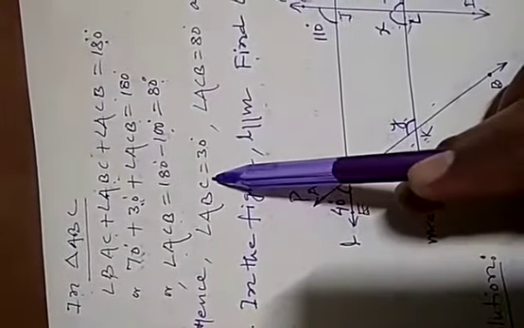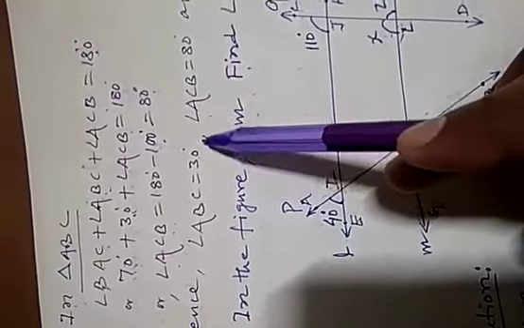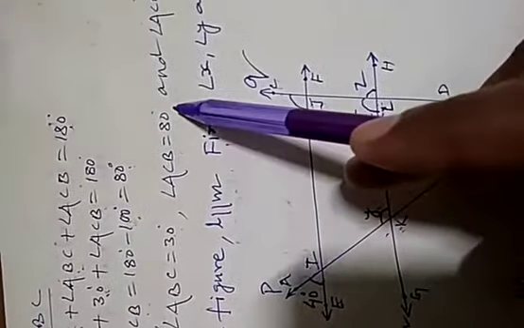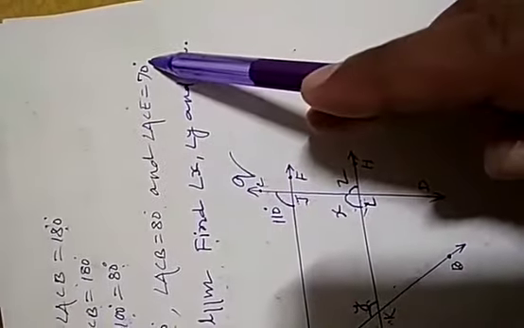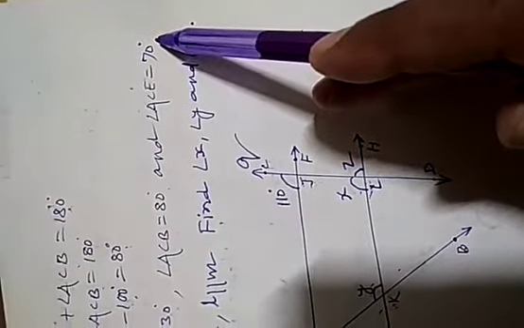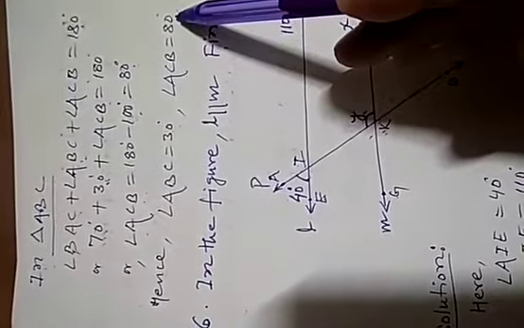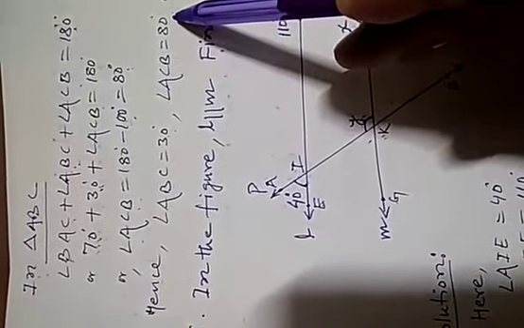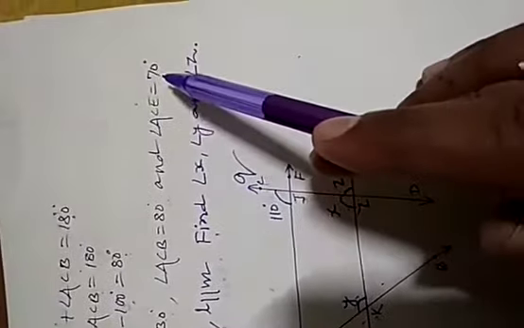Hence, angle ABC is equal 30 degree, angle ACB is equal 80 degree, and angle BAC is equal 70 degree. Clear?